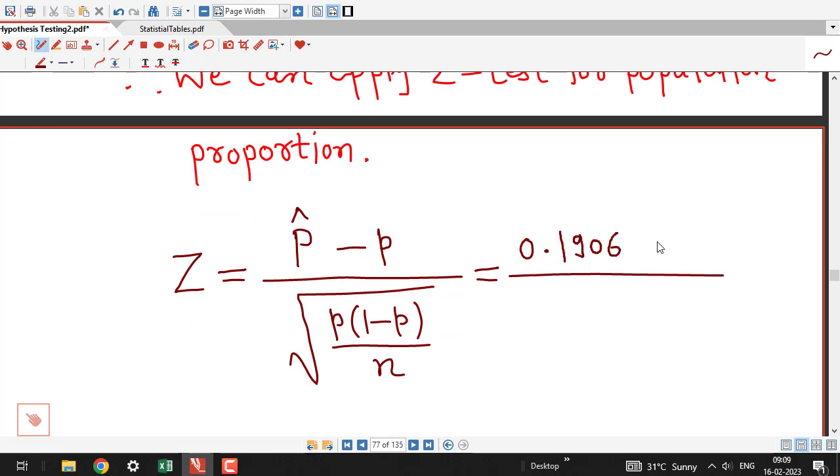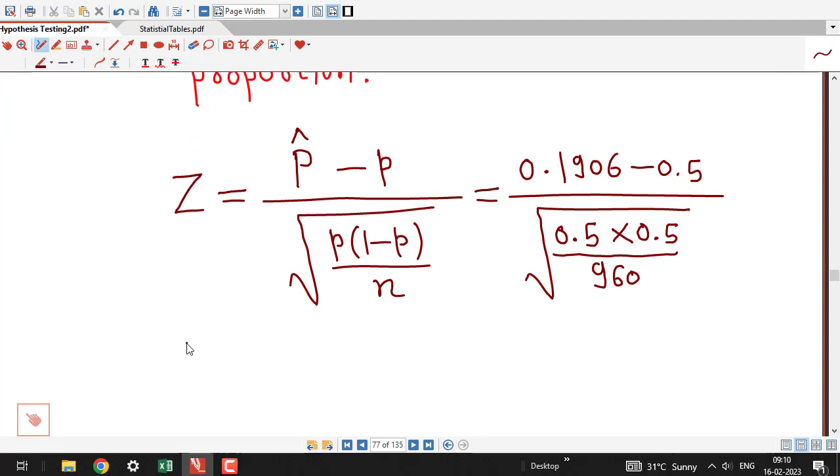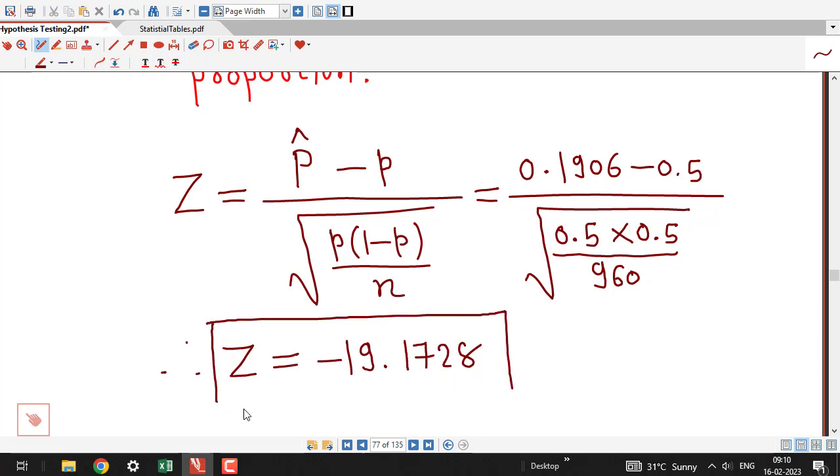This is 0.1906 minus 0.5 divided by square root of p, that is 0.5, 1 minus p, that is 1 minus 0.5 is also 0.5, divided by n, which is 960, and using scientific calculator I find that value of test statistic is minus 19.1728. This is my calculated value of test statistic for population proportion.